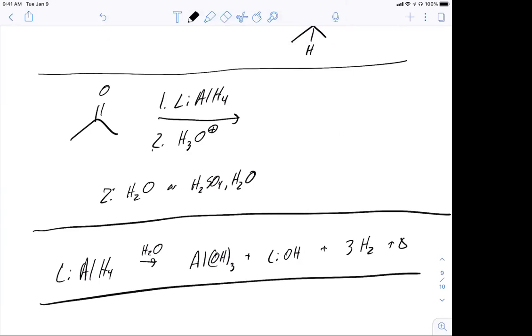Sodium borohydride I can have in a protic solvent, usually an alcohol such as methanol or ethanol. But with lithium aluminum hydride, I have to have it in two different steps. I have to have my proton source for the second step in a second reagent. Okay. The result in ketones and aldehydes is the same. We get the reduction to the alcohol.